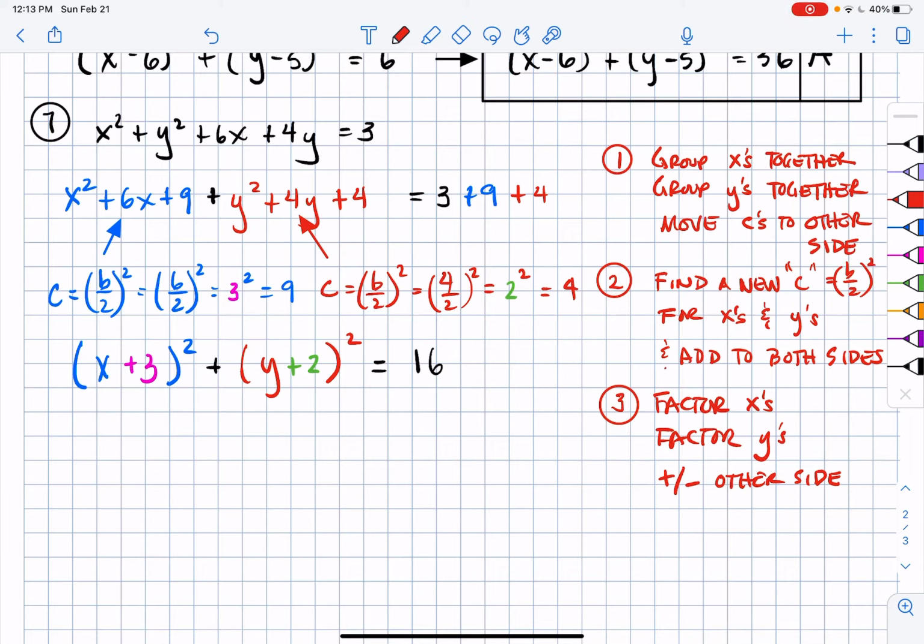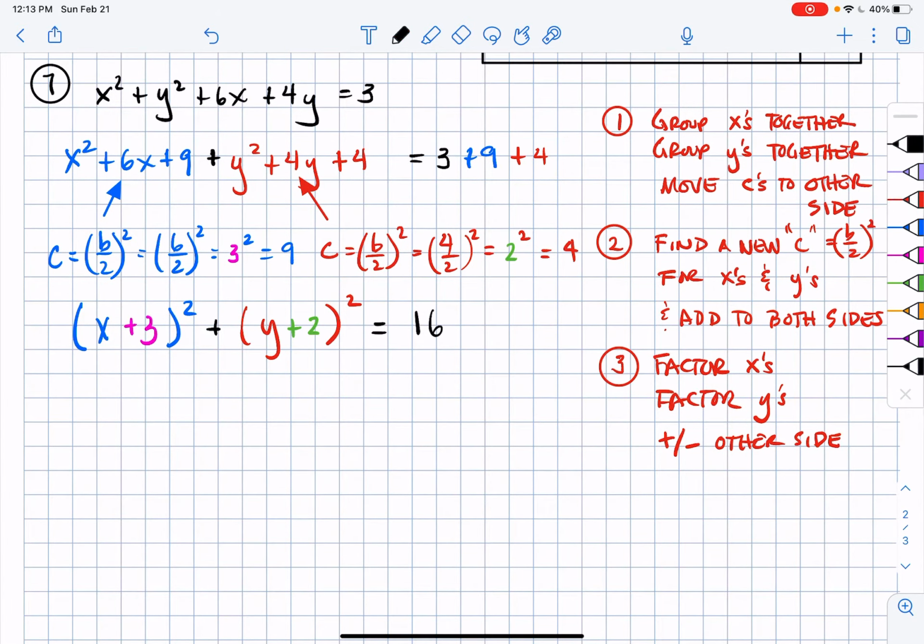All right, so now that is going to be my answer right there, and that is going to be number 7. I still got to give the radius and the center here. All right, so the center here is going to be (-3, -2), because remember it's x minus h and y minus k.